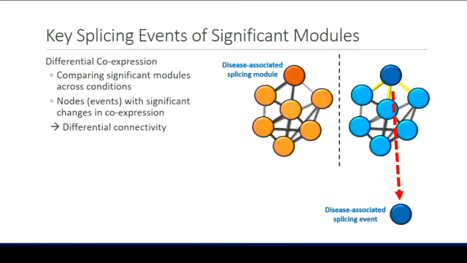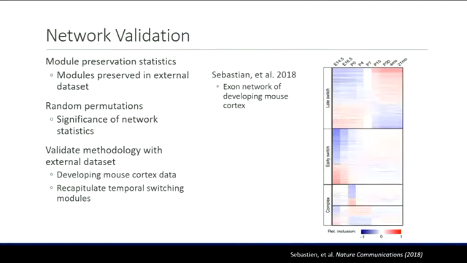If we find, for instance, a node that has strong differential connectivity or differential correlations, that may be a potential node of interest. This has actually been shown to be a means of identifying, at least in the case of gene networks, genes that aren't necessarily differentially expressed, but can still be significant based on differential connectivity.